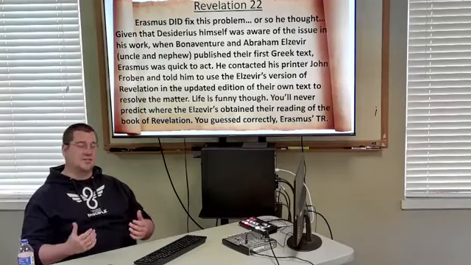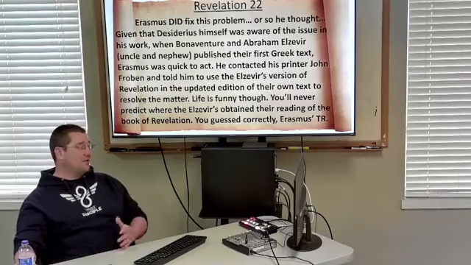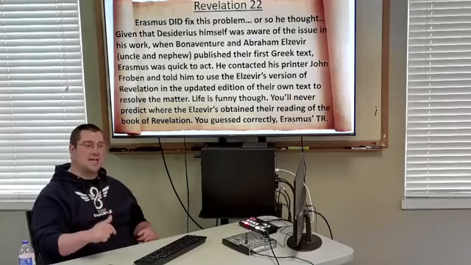Whenever Erasmus found out their Textus Receptus came out, he contacted John Froben, his printer, and said, "Hey, go get the Elzevirs' Revelation, and when we print our edition, put their version of Revelation in there." He does that, and they think, okay, problem solved. Well, the problem is that the place the Elzevirs got their reading of Revelation was from Erasmus.